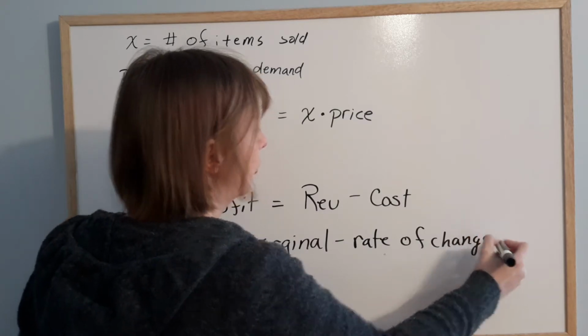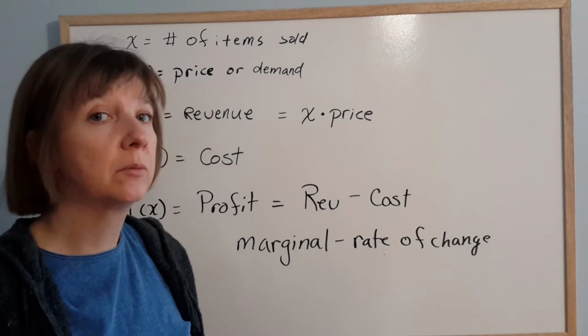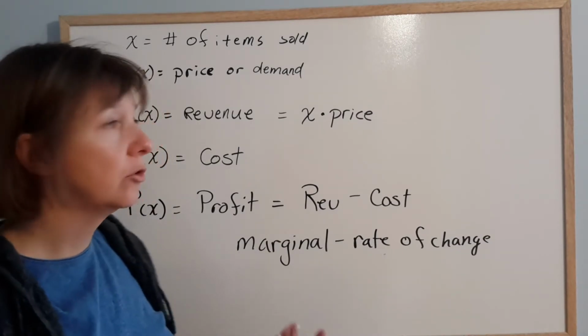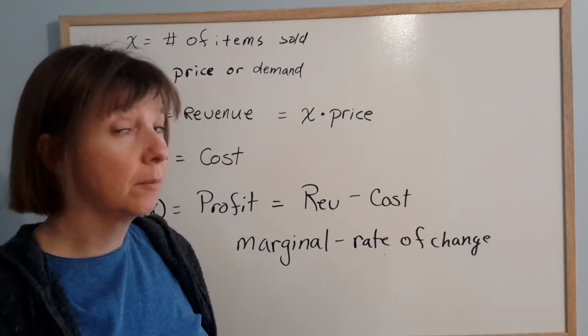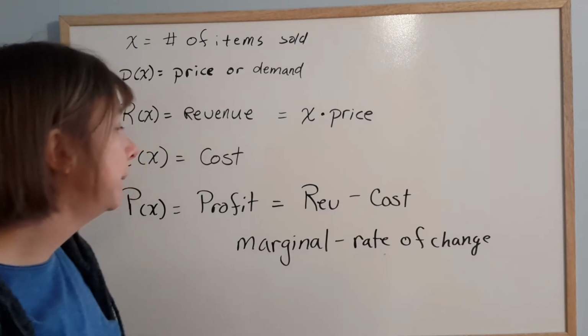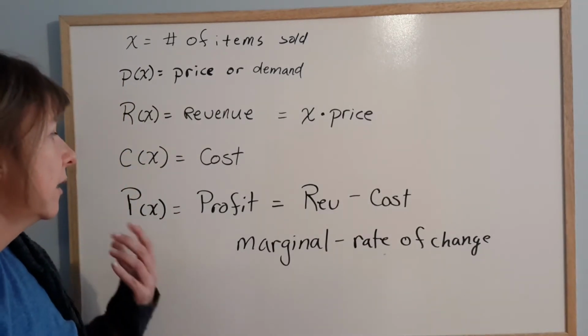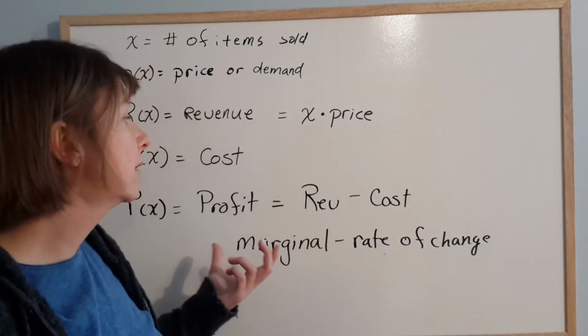So it means the rate of change of your revenue. How quickly is that revenue changing? Because likely the more that you sell, the more revenue you'll get. That makes sense, right? But how quickly is that changing? Because your rate of change of profit can change dramatically.